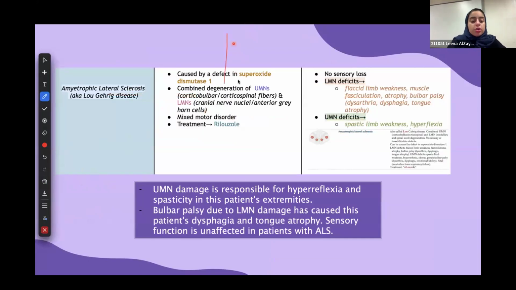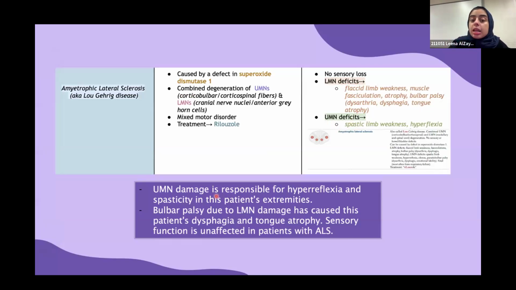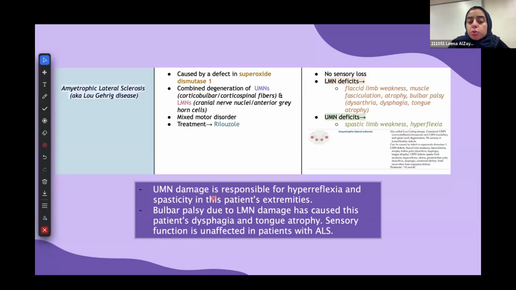So we are talking about amyotrophic lateral sclerosis, or ALS. ALS shows both lower motor defects and upper motor defects. If we go into detail, upper motor neuron damage is responsible for hyperreflexia and spasticity of the patient's extremities.